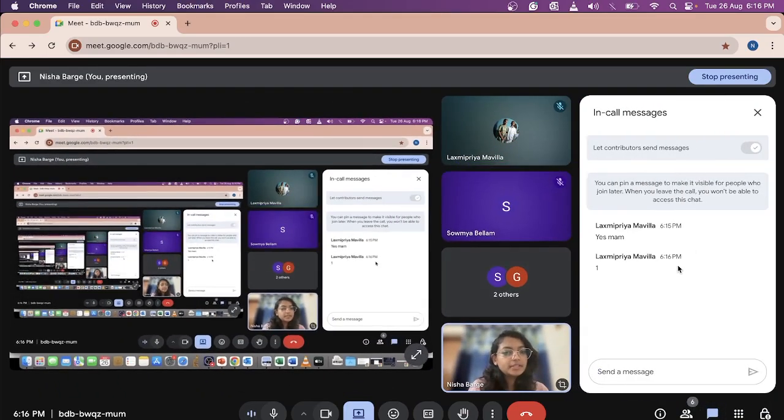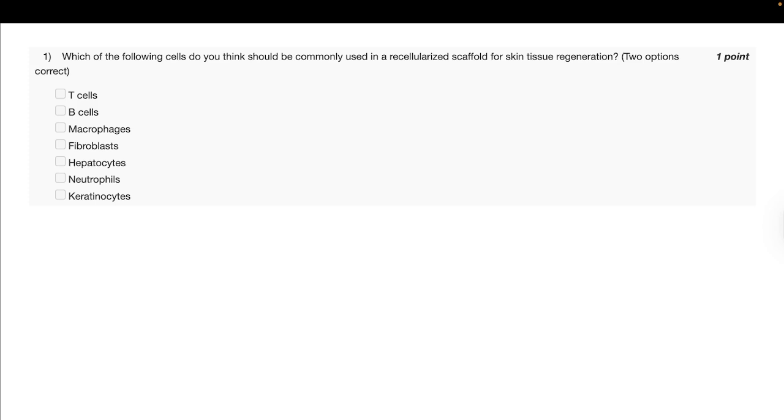Okay, somebody is answering option 1, T cells. Okay, you have to choose two options. So if you have chosen one, you can choose another option as well.